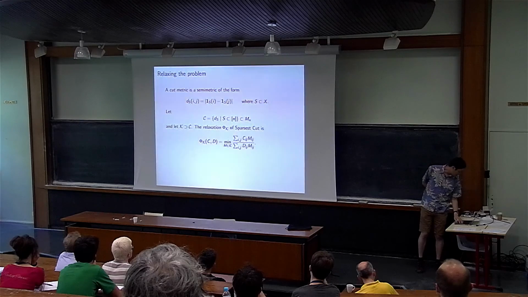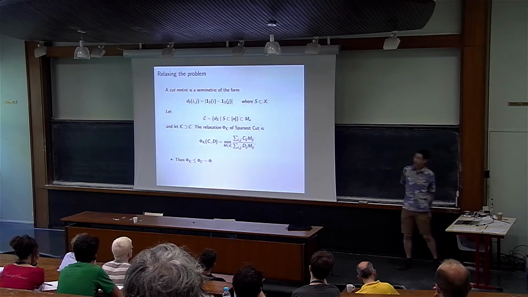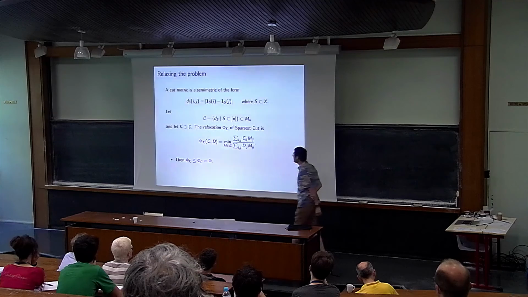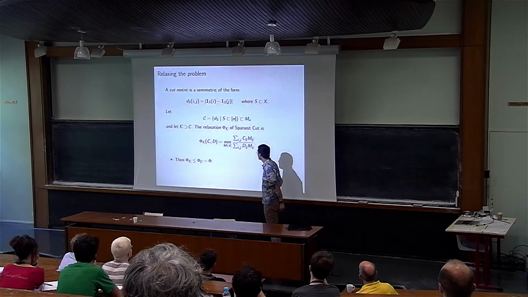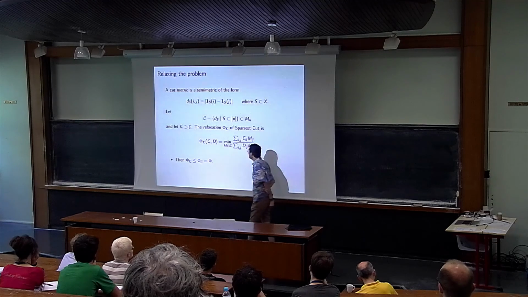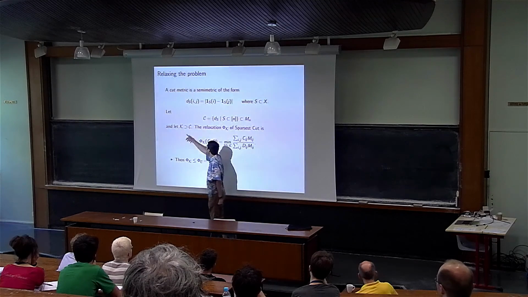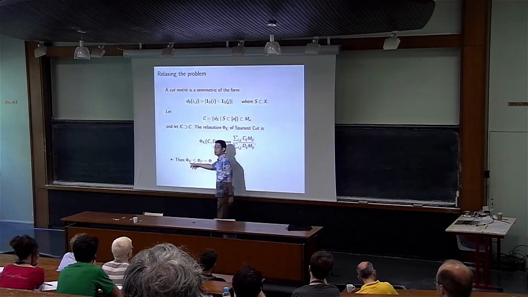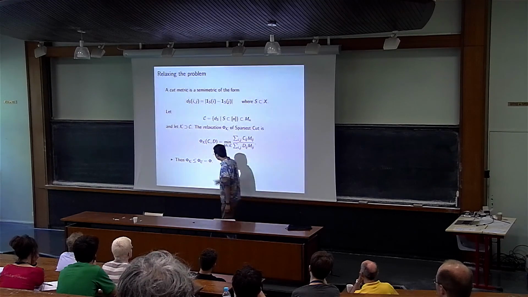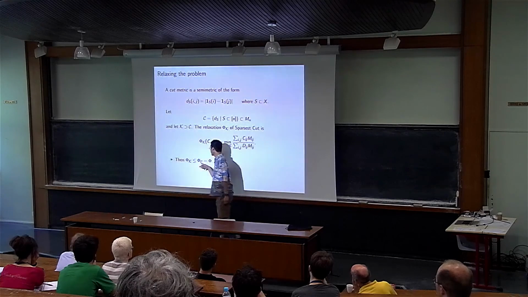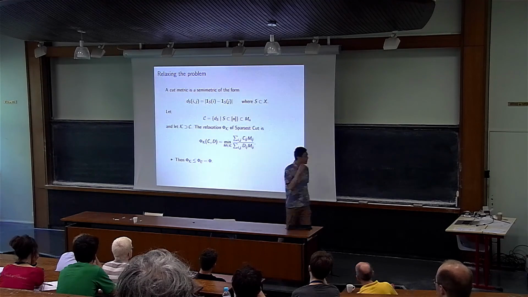And so in particular, what can we say about this? Well, if K is equal to C, if we minimize over the cut metrics, then we end up with exactly the same thing as the original sparsest cut problem. In general, if K contains C, then the minimum over K is going to be at most as much as the minimum over C. So we can always say that phi sub K is less than or equal to phi sub C, which is equal to phi.